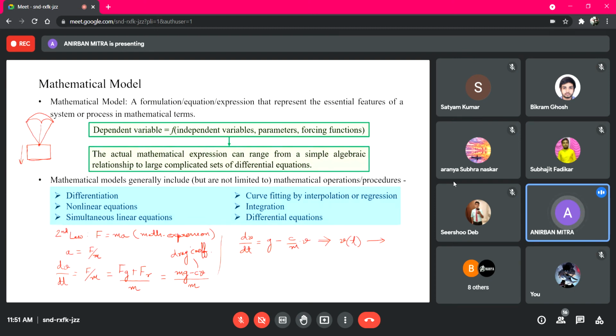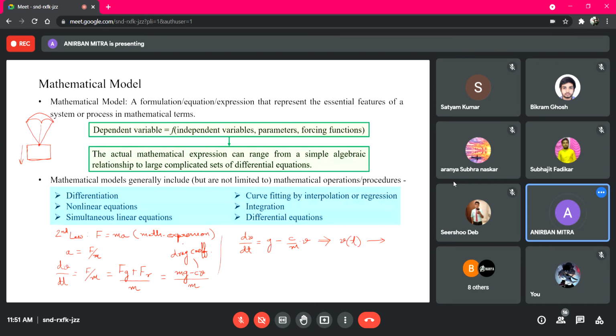But that is solving it in terms of the exact procedure. What if we can solve this numerically as well? And that is quite possible.